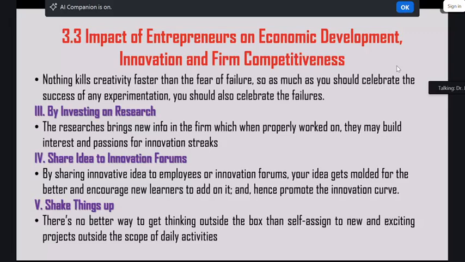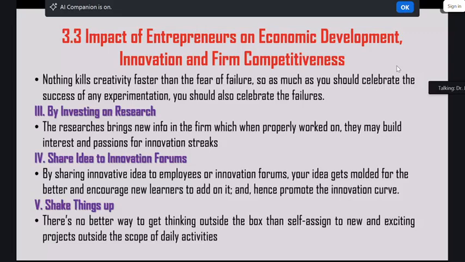So on those, especially in developed countries, most of their budget wanatenga sana kwenye upande wa utafiti, kuweza kufanya research. So we know that research always brings new information in the firms, which when properly worked on, may build interest and passion for innovation and research. Kwa sababu hata hizo innovation unazozifanya, you cannot come with innovations without research.